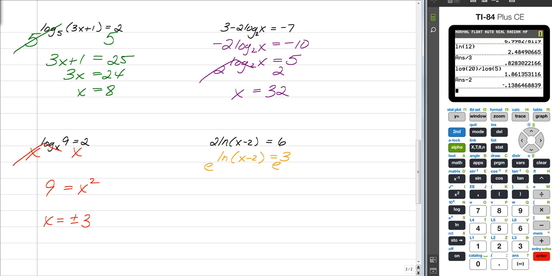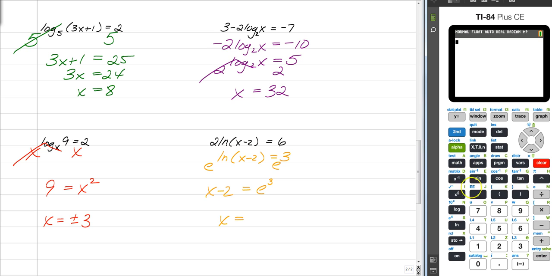So after you exponentiate both sides with e, we have x minus 2, and that's equal to e to the 3rd power. And then, of course, we're going to add 2 to both sides. And x is going to be equal to, and then we need our calculator, of course. So we're going to have second e to the 3rd power. And then we're going to make sure we add 2 to both sides.